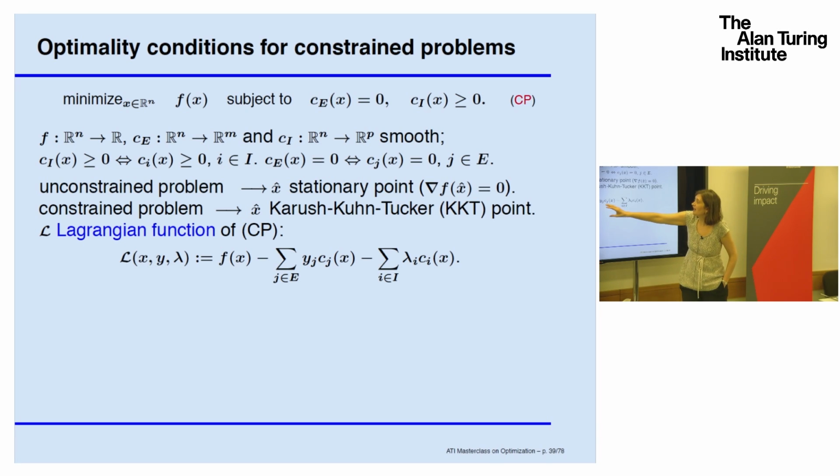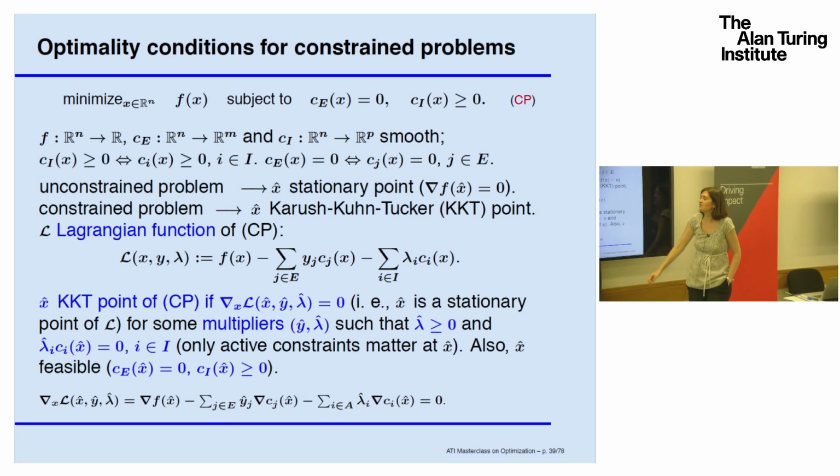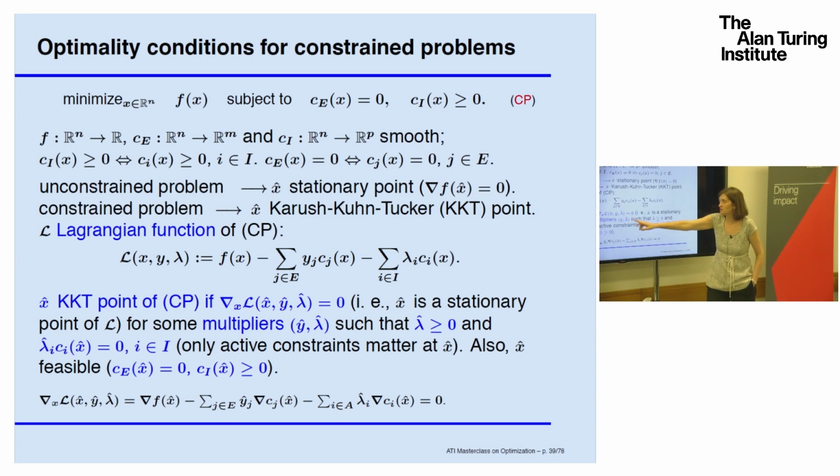So now I've bundled my objective and my constraints into one function. A Karush-Kuhn-Tucker point is a stationary point of this function with respect to x.